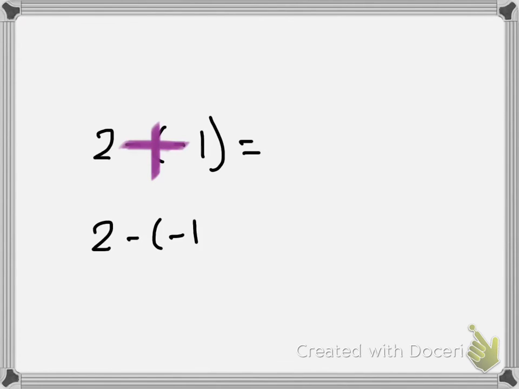So what is 2 minus negative 1 equal? I see those two negative signs together, I turn it into a plus, and 2 minus negative 1 actually equals 3.